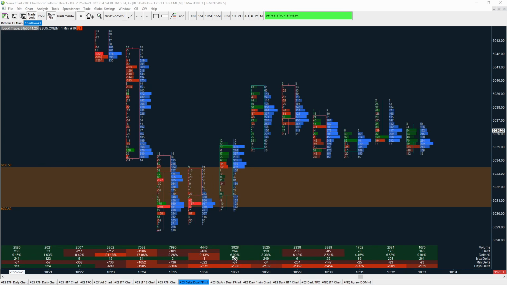Now, it's called absorption. A lot of people also call this concept, the one we're seeing right here, trapped sellers. Because if these people are aggressively selling right here, if they're not rewarded quickly, they have to get out of the market. This 157, negative 157, negative 259, they have to get out of the market eventually, right?